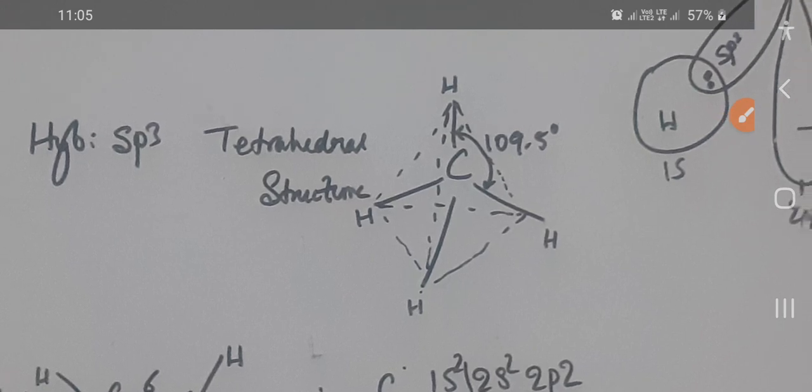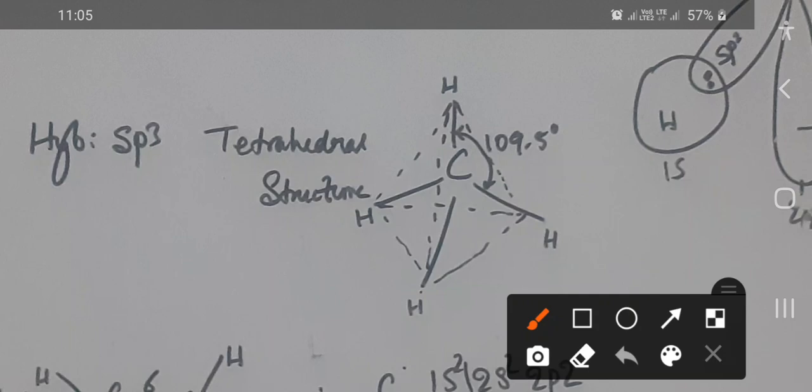You can see the structure of methane molecule, and it has tetrahedral structure, 3-dimensional pattern. And how many bonds are there? There are 4 single covalent bonds, and this is the bond angle, and the value of bond angle is 109.5 degrees.